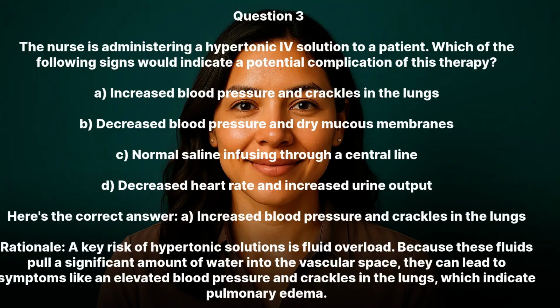D. Decreased heart rate and increased urine output. The correct answer is A. Increased blood pressure and crackles in the lungs. Rationale. A key risk of hypertonic solutions is fluid overload. Because these fluids pull a significant amount of water into the vascular space, they can lead to symptoms like an elevated blood pressure and crackles in the lungs, which indicate pulmonary edema.